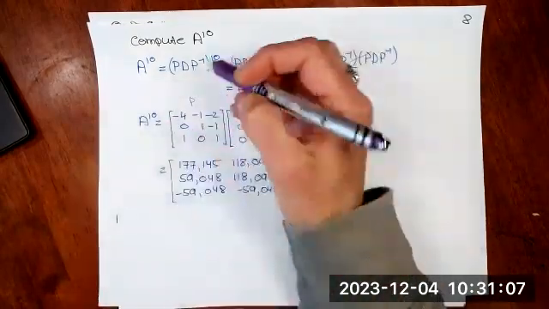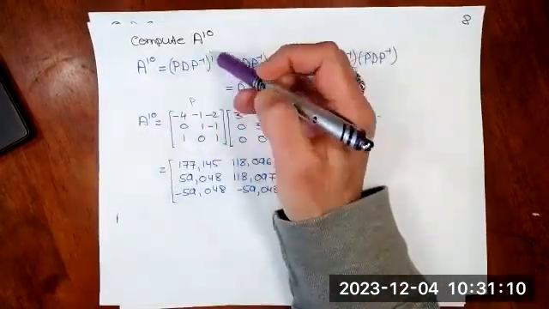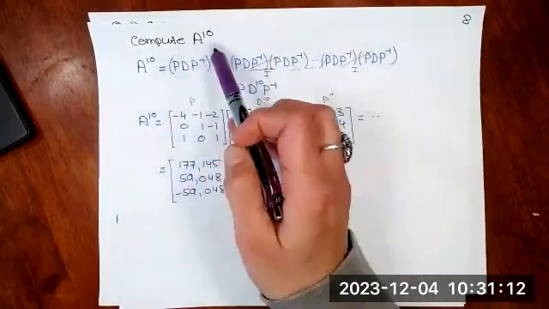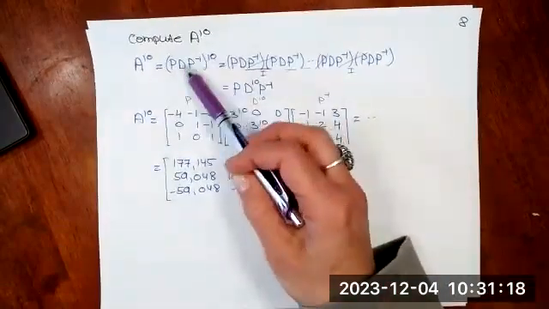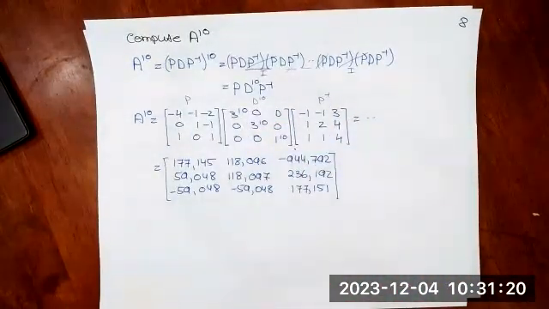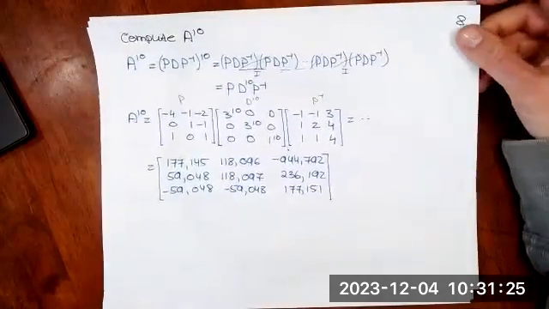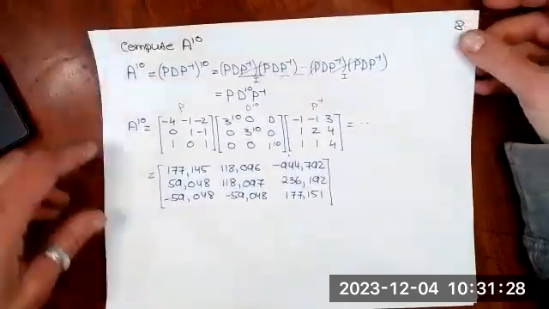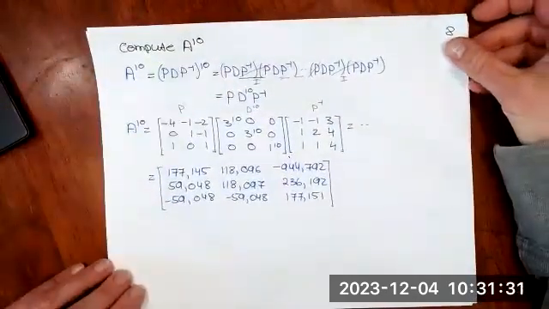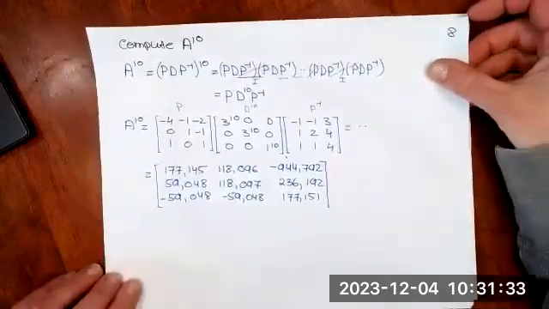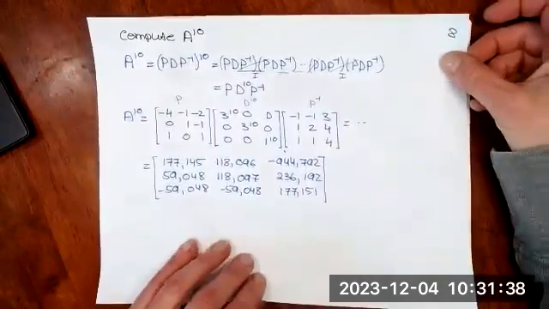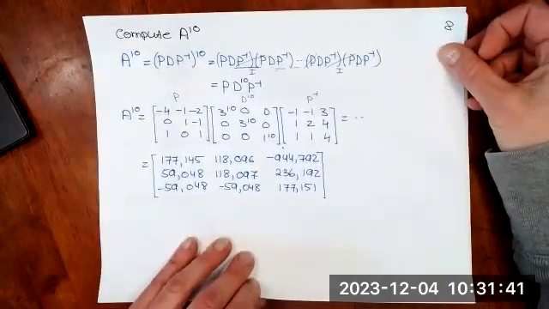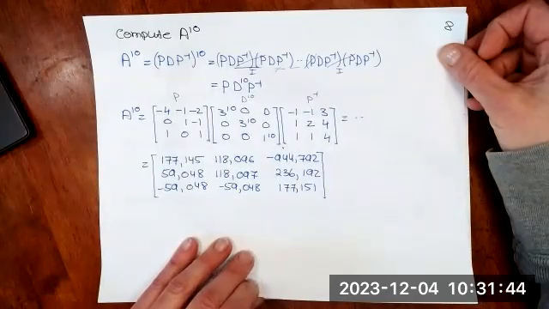Since you had to get the PDP inverse factorization for A, when I'm trying to find A to the power 10, you should be able to use this somehow to make it easier. So you can expect something like that again on your midterms. I'll make it a 20-point problem or something, because it's a little longer and has a few steps. Any questions on this? Good.